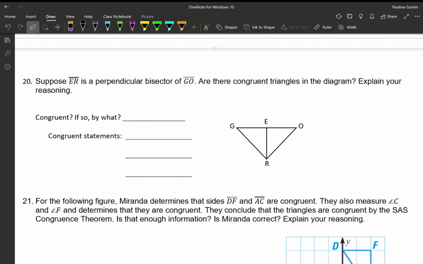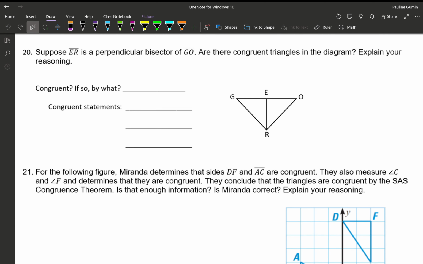Number 20. Suppose ER is a perpendicular bisector of GO. Are there congruent triangles in this diagram? Explain your reasoning. Well, let's check it out. I'm going to draw the perpendicular bisector. I need to see it. It forms two right angles and two perfect halves. What else can I mark? I can mark this middle. So are they congruent?